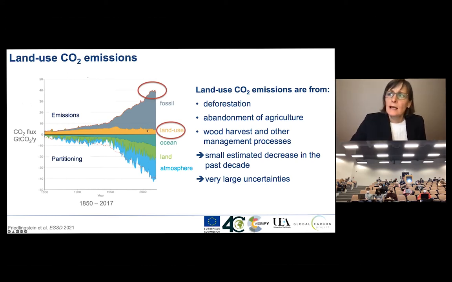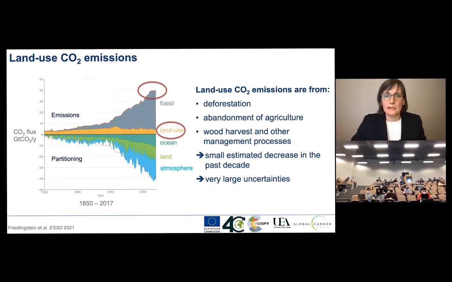That's because the latest estimate that we have is that land use change emissions have been decreasing a little bit. Now, I want to stress that the uncertainty behind this is massive. I don't want to say no confidence, but I have very little confidence that this is correct.